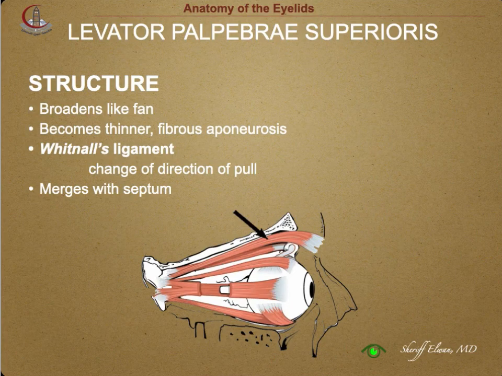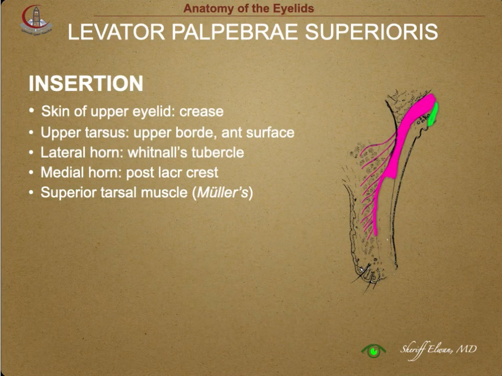It's just like pulling a bucket full of water, heavy, out of a well. The rope has to change its direction of pull at what is called a pulley. So Whitnall's ligament here is serving as a pulley. And it merges at this point with the septum.